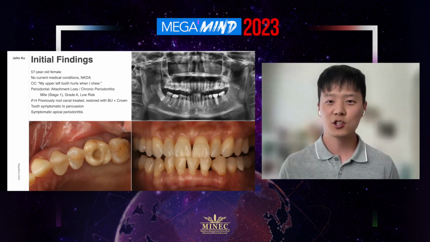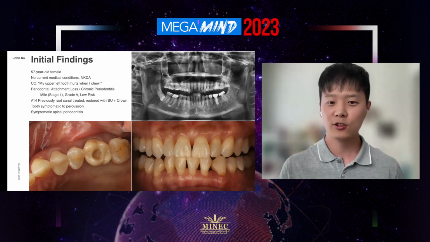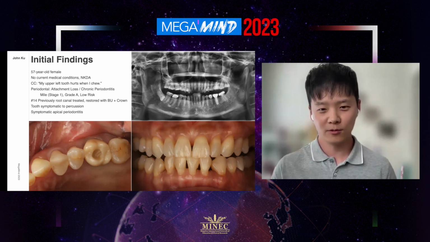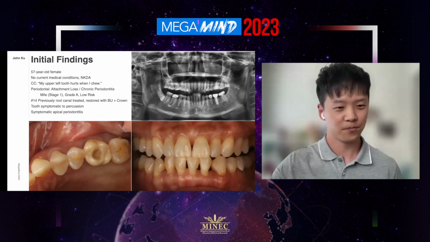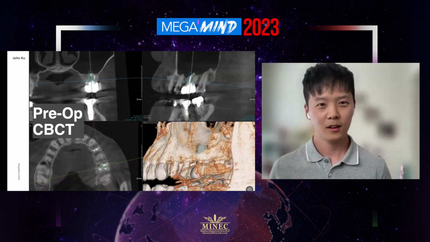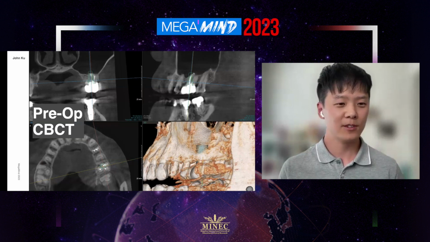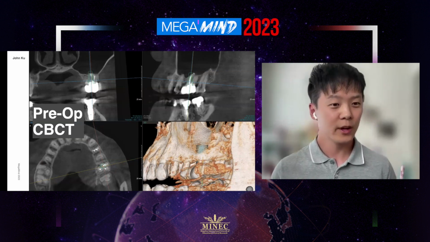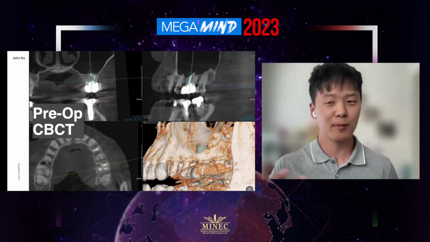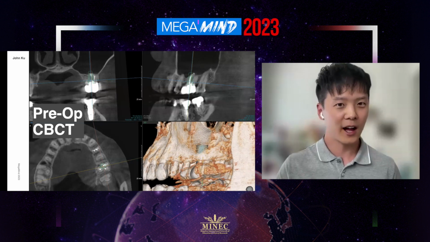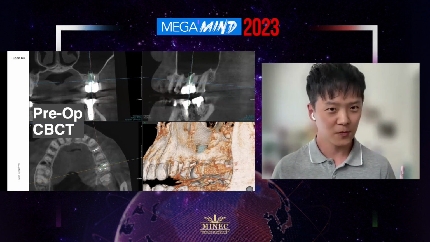After a discussion with the patient, we decided to extract the tooth and move forward with implant therapy. Here's a screenshot of the pre-op CBCT. We can see the need for sinus augmentation due to the low height of the alveolar ridge.